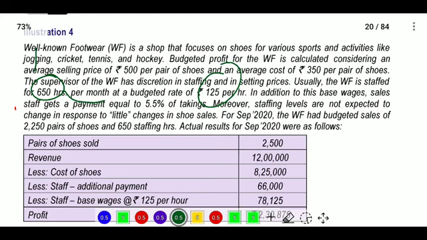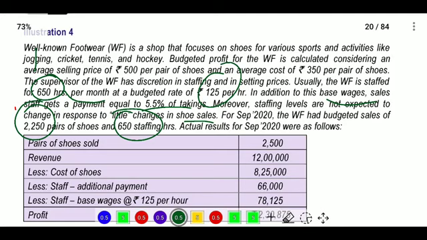In addition to the base wages, that is related to direct labor, staff get a payment equal to 5.5% of takings. Moreover, staffing levels are not expected to change in response to changes in shoe sales. For September 2020, the WF had budgeted sales of 2,250 pairs of shoes and 650 staffing hours.